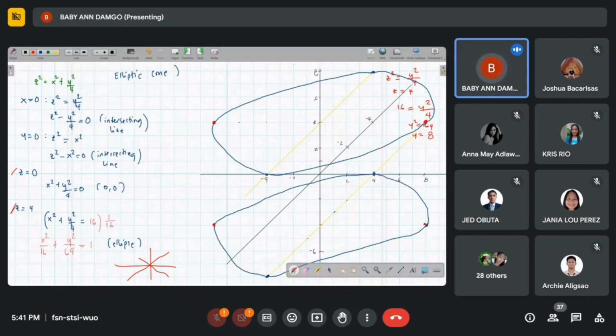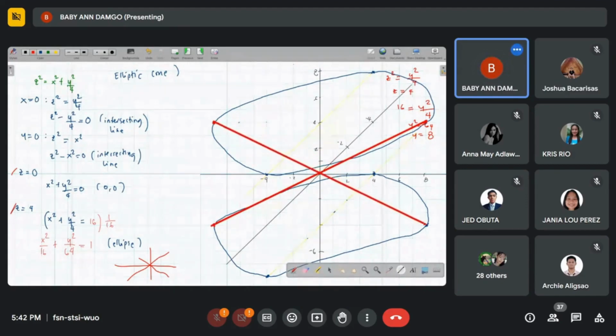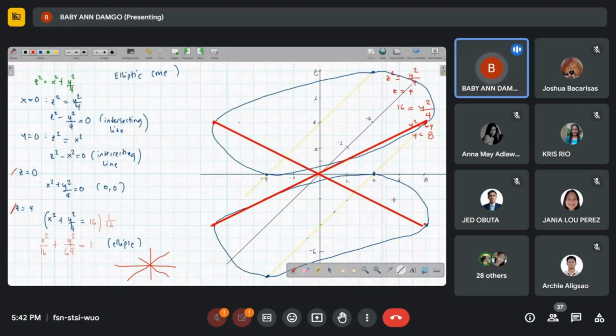So ang pag-connect ani, dapat ma-intersect siya sa x, sa origin. Okay, the same with this. Okay. So for the kani, okay na ta ani no. Sa may laing color ani green.